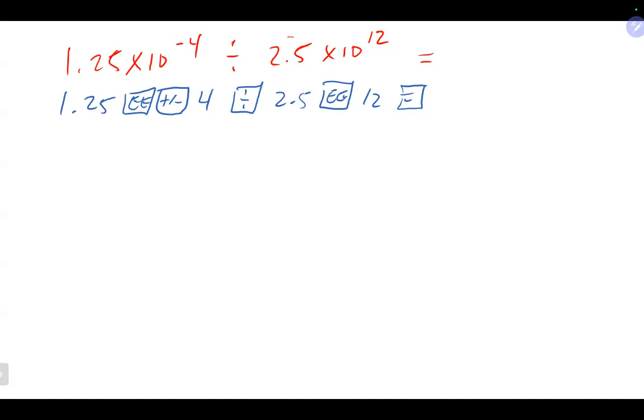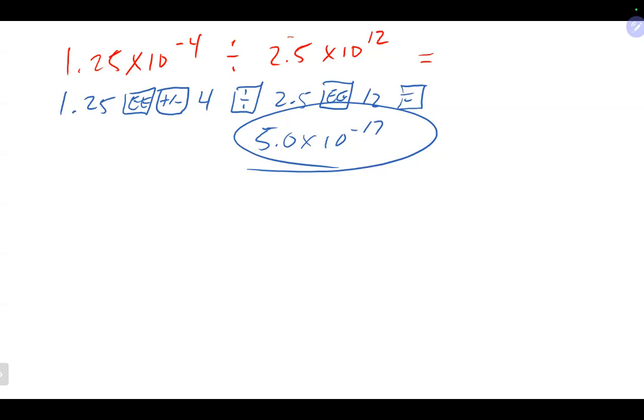So if we do that, it looks like it's going to be 5 times 10 to the minus 17. Now on your calculator, it may give you just 5 times 10 to the minus 17.